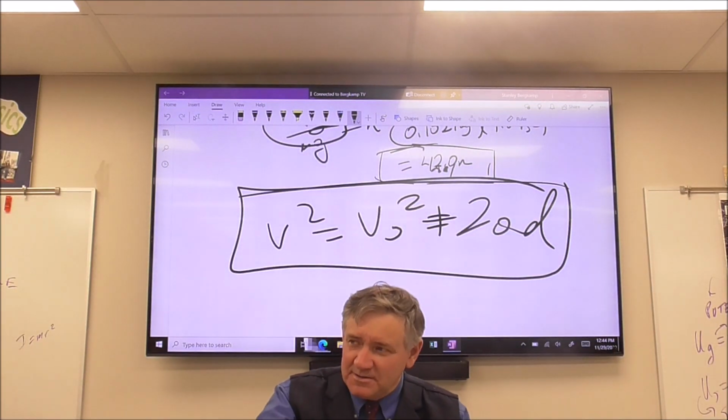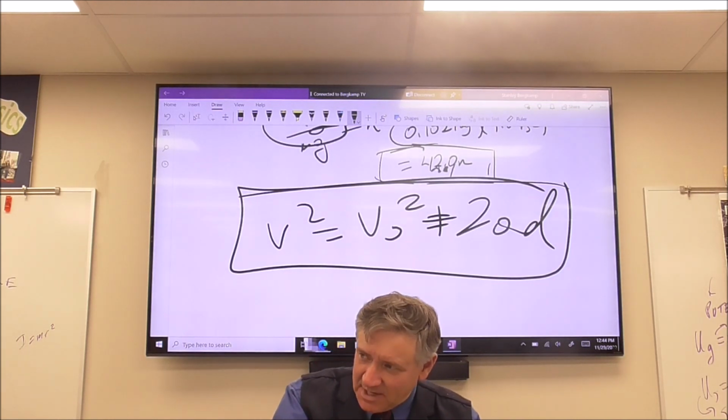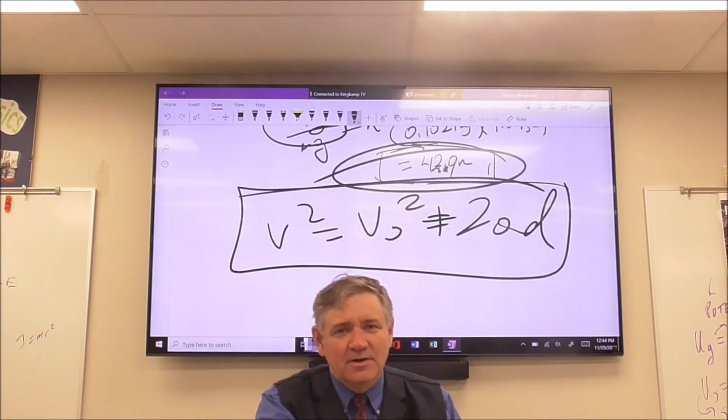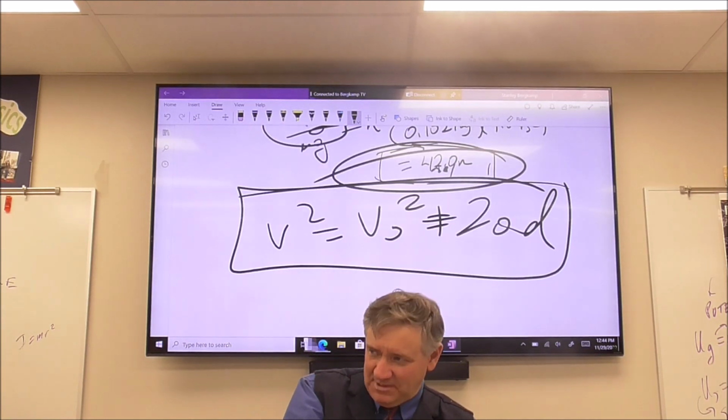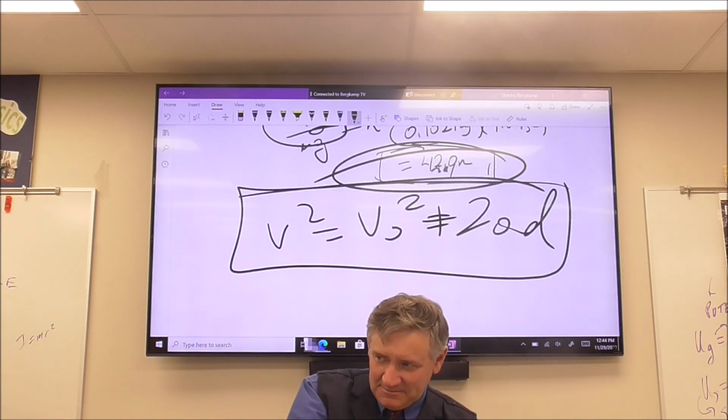Whether it's Gary, an elephant, or Drebin, if you launch that thing at 29 meters per second, you're still going to get the exact same height of 42.9 meters because the mass doesn't matter.